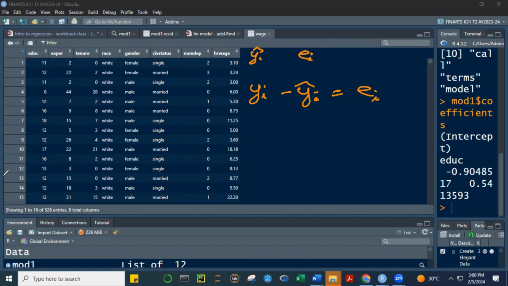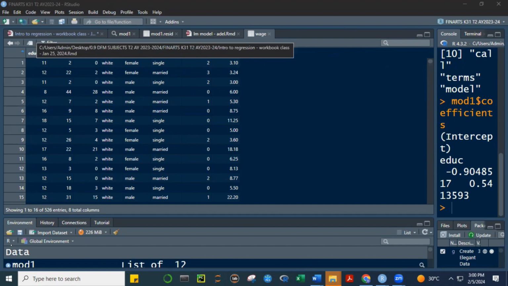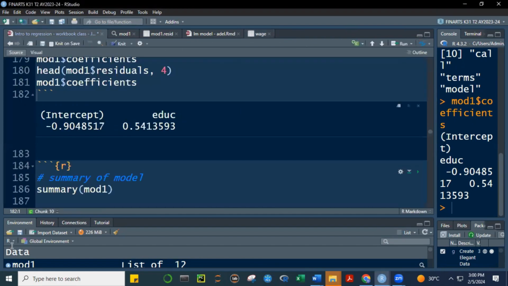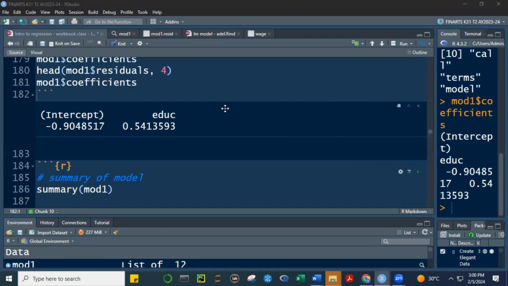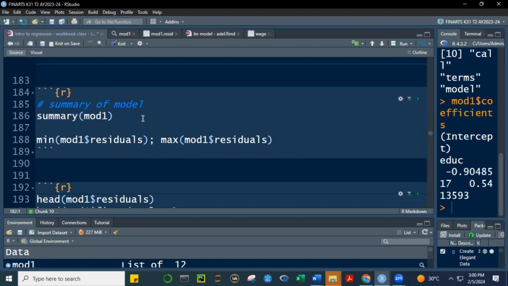Okay, so let me go back to our... all right. Then we learned how to make use of this very important function, the summary function.